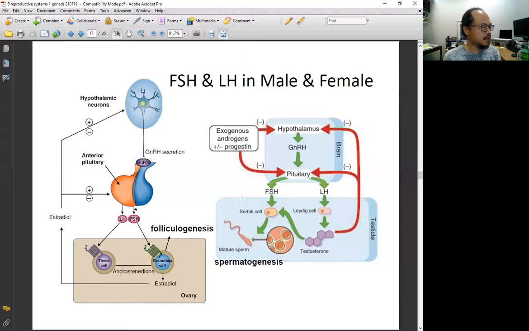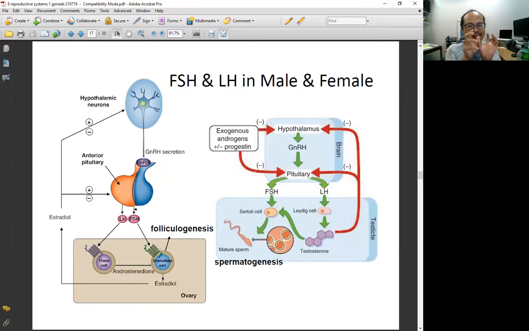So this one is just a quick comparison of the FSH and the LH. I just want to give you a heads up. We will talk about the female part later, but just to give you an idea, FSH acts on the follicle cells, also called the granulosa cells.